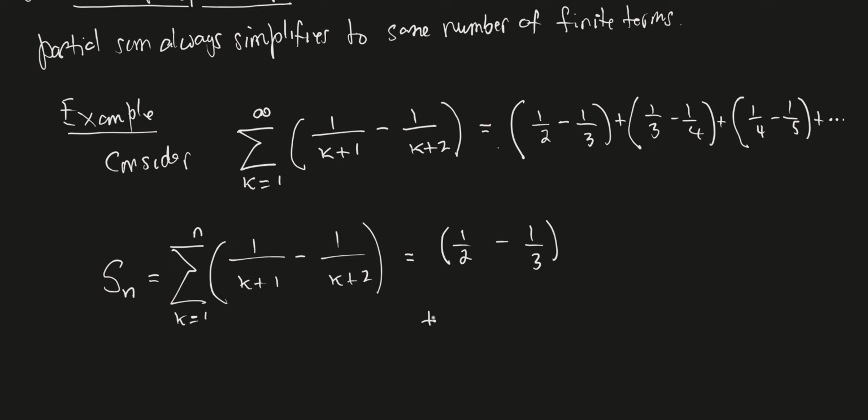And then plus, in fact, let me write down above this. So this is the term that corresponds to k equals 1. The next term, the 1/3 minus 1/4, is the term that corresponds to k equals 2.